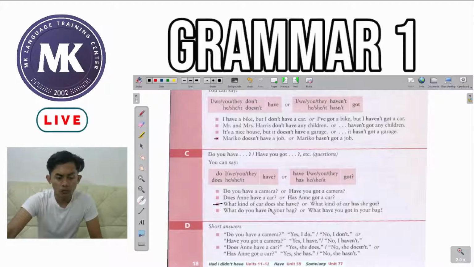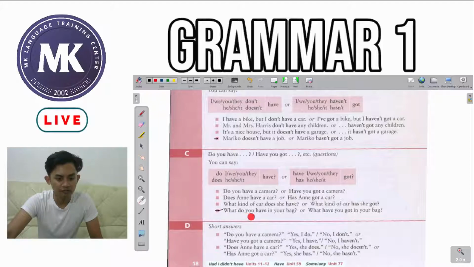Then you do your do, does, pronoun, have. Or if you want to use "got" and be more formal, you follow the WH question, the thing that you want, "has," pronoun, then "got." Okay, next we'll do the last example question.